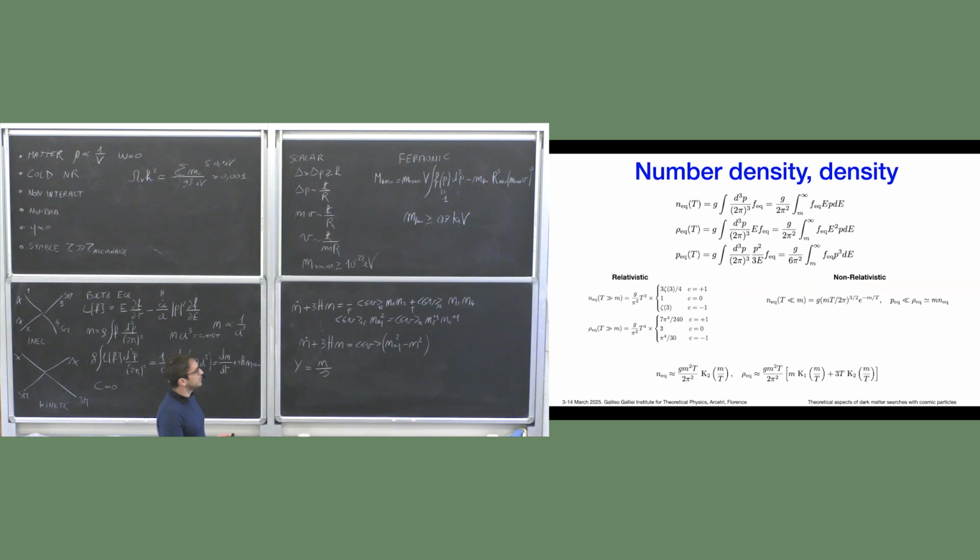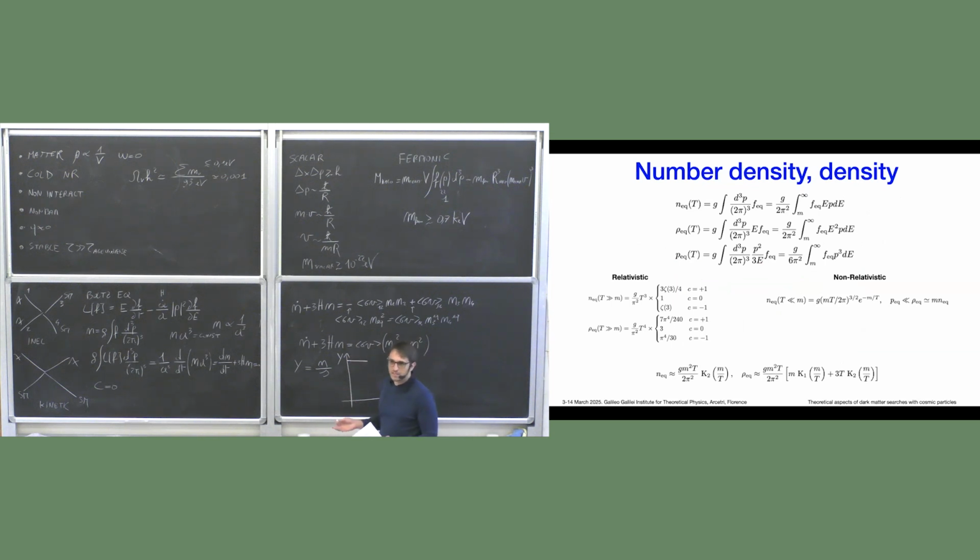And when you have dark matter that is relativistic, you still have T cubed. Okay? So by using this comoving number density, when dark matter is relativistic, if you make a plot of the evolution of y as a function of x, that is the mass divided by temperature, at the beginning y is constant.